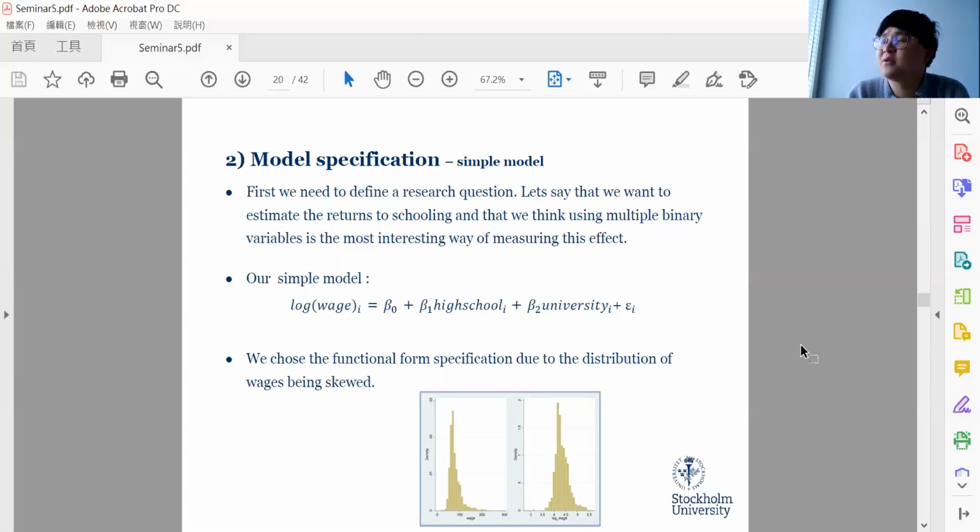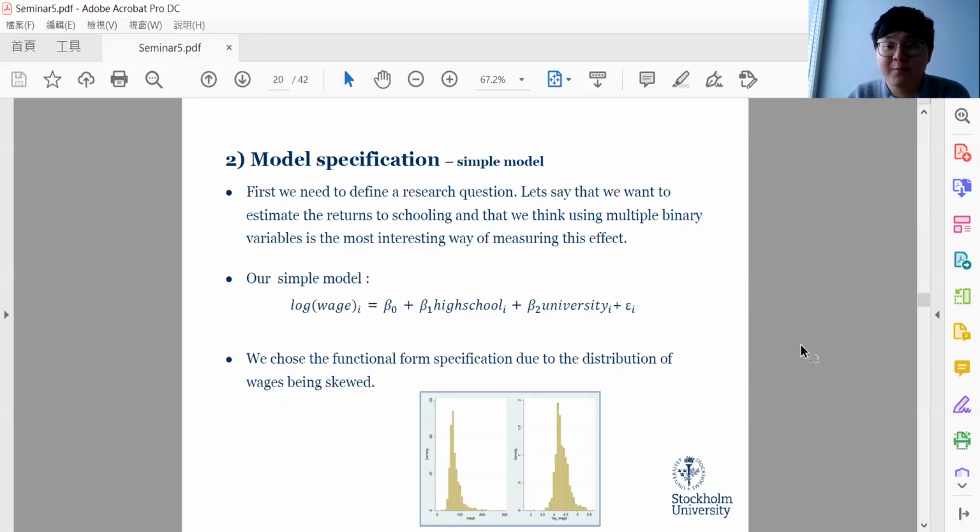We make high school, university, and primary as three dummy variables. So this is our simple model without any controls, the most simple one. And you try to reason why we choose this functional form.